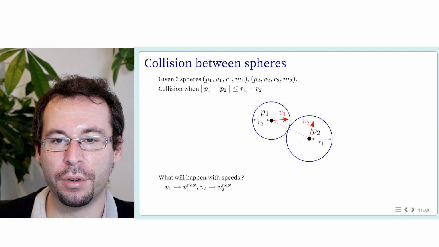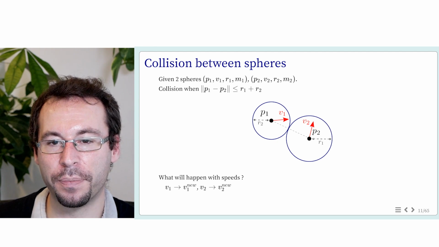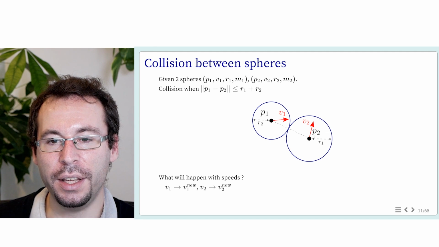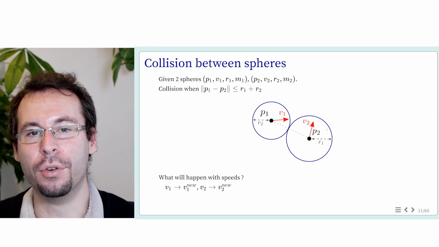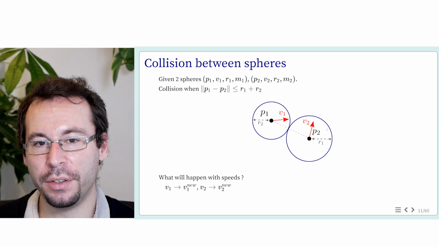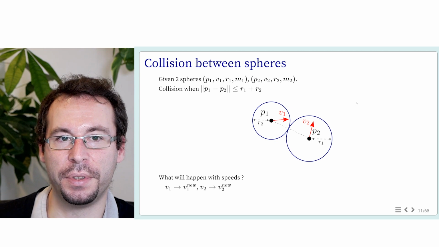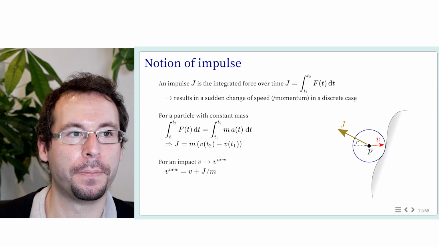So we take the orthogonal component of V1 and V2 along this plane, and then we invert them so that the spheres go back to their initial direction. But it's actually not the case, and we are going to see how we can model this collision response.